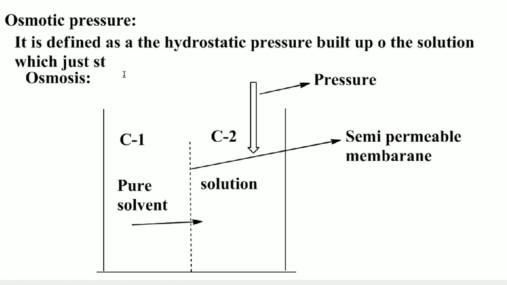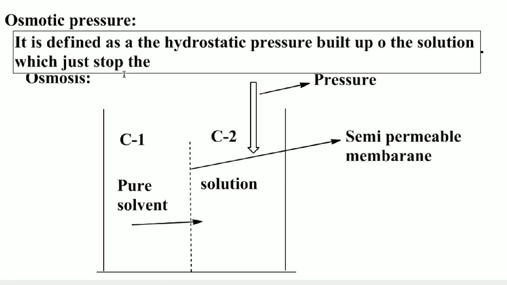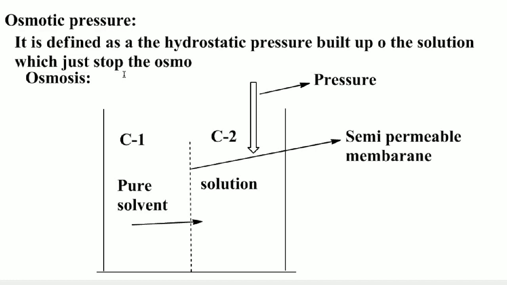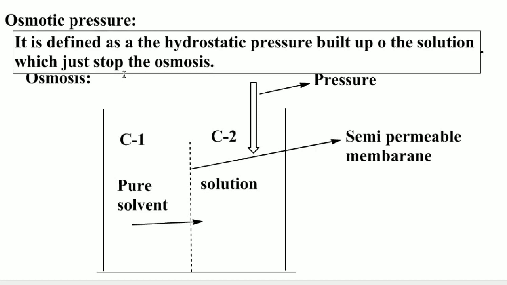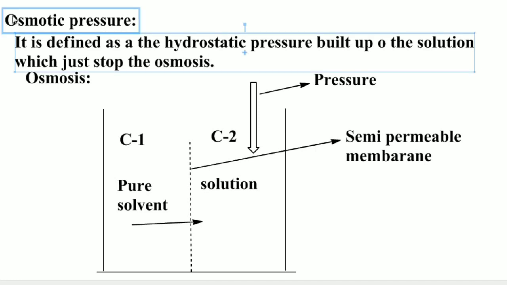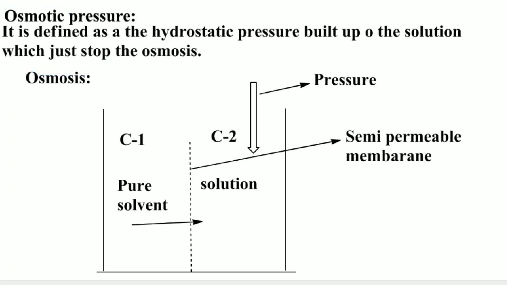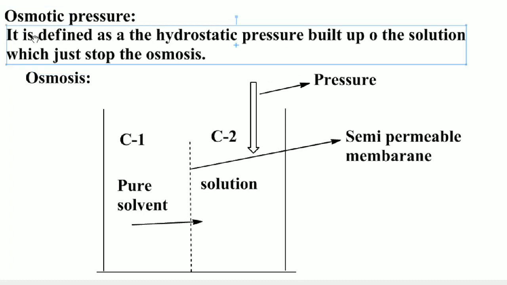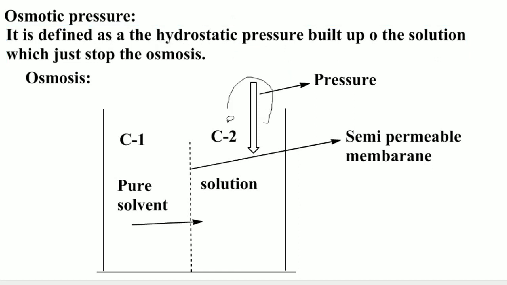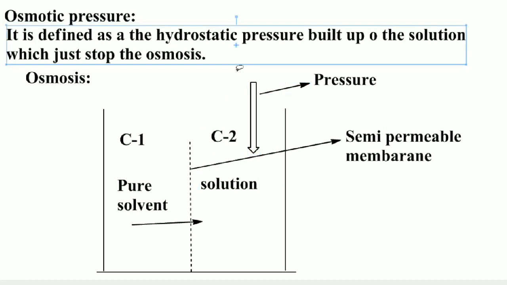Therefore students, we can conclude that osmotic pressure is equal to the hydrostatic pressure built up on the solution which just stops the osmosis. This osmotic pressure is generally denoted with the symbol pi.